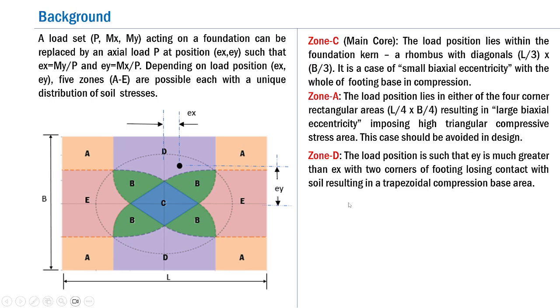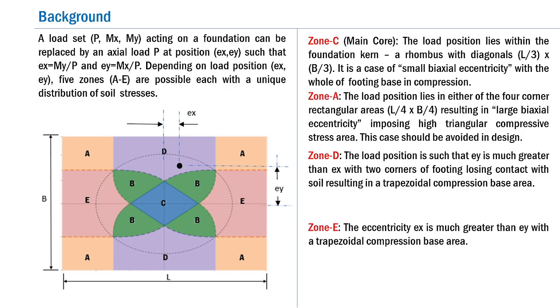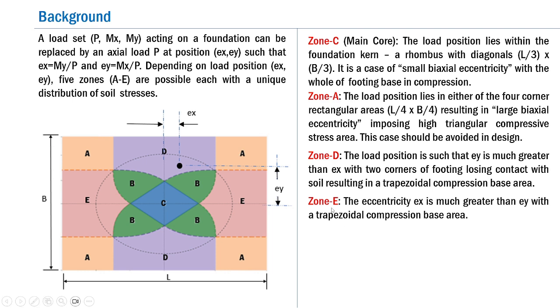This means that when you place the load in the zone D, you will have a trapezoidal compression base area beneath the footing with the 2 corners losing contact with the soil. The next one is zone E. It's almost similar to zone D. The only difference is that here the eccentricity Ex is much greater than Ey, with a trapezoidal compression base area.